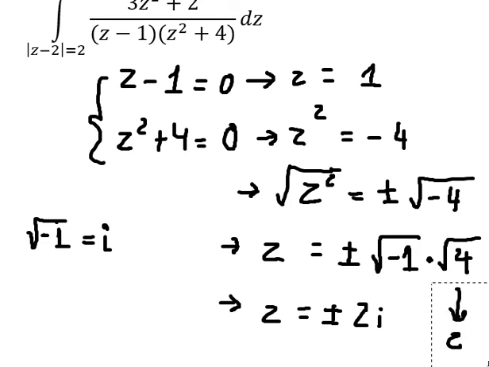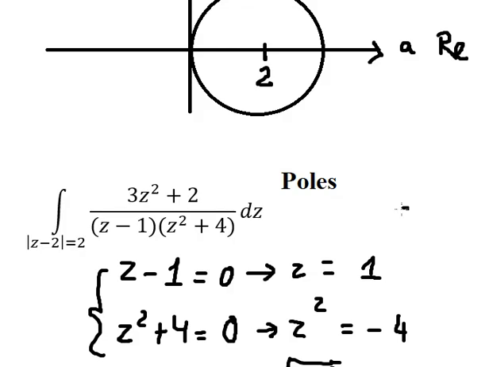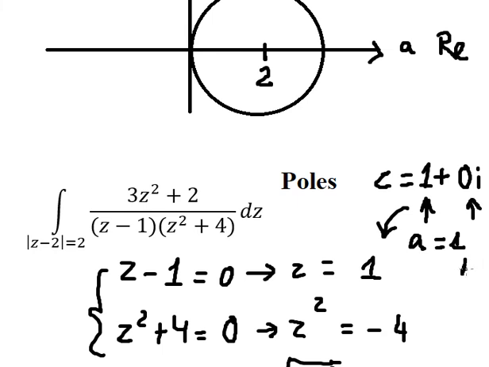So after we get everything, now we take the value z equals 1. That means z equals 1 plus 0i, so a equals 1 and b equals 0. The location of this point is (1, 0).